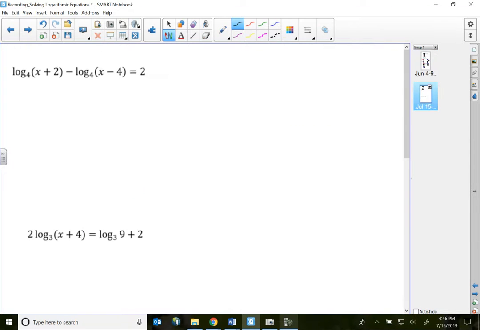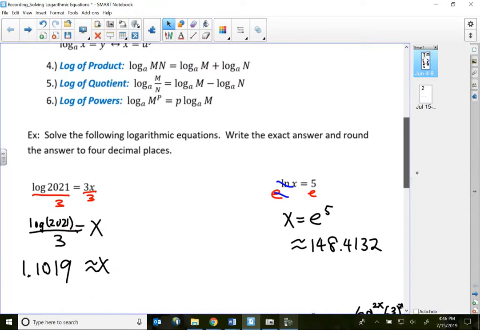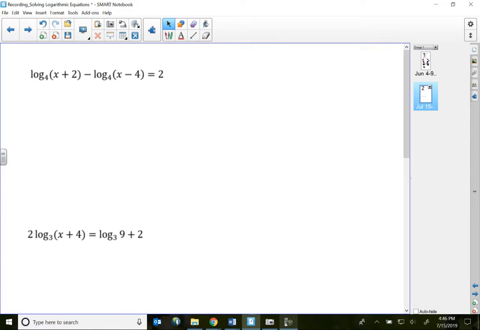All right, let's try one with more than 2 terms. So this one has 3 terms. So where do I begin? Well, the reason why we talk about these properties, the log of product, quotient, and power, is so that it can actually help us solve logarithm equations. So right now, my problem has 2 terms with a log on the left side.